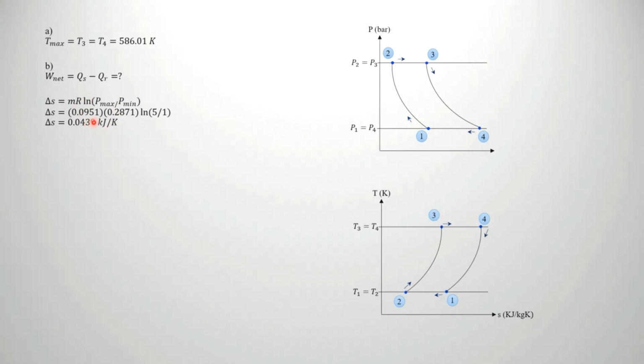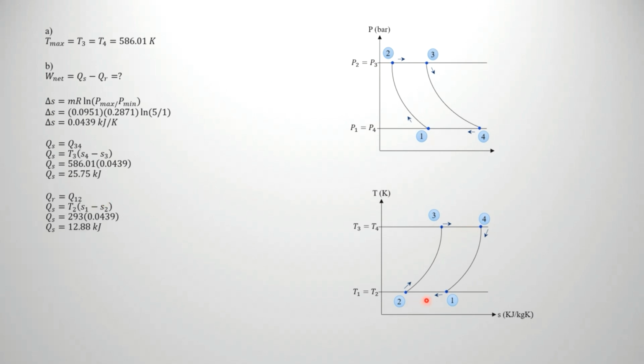So you use the change of entropy to find the heat during the isothermal process. You can make use of the formula to find the change of entropy of 3 to 4 and 1 to 2. 3 to 4 is heat supply. Remember, for isothermal, the heat is T times change of entropy. So the heat supply is found as 25.75 for 3 to 4.